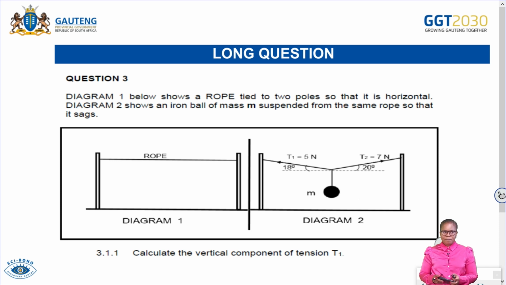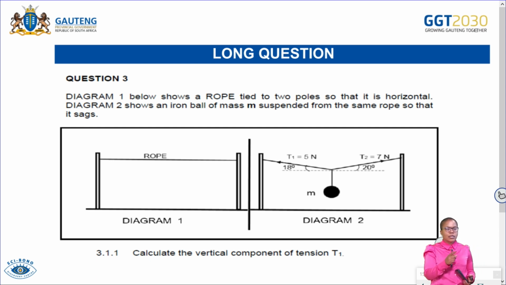Question number 3. Diagram 1 below shows a rope tied to 2 poles so that it is horizontal. Diagram 2 shows an iron ball of mass M suspended from the same rope.